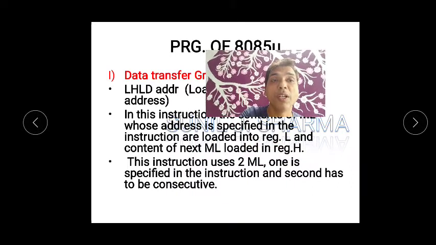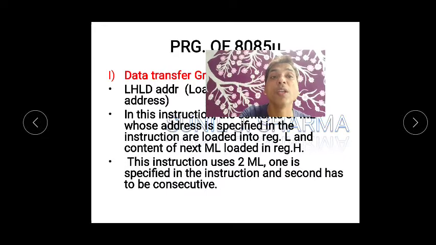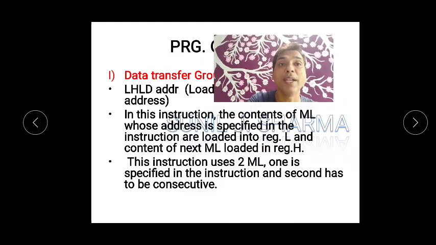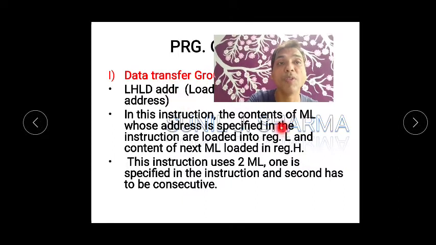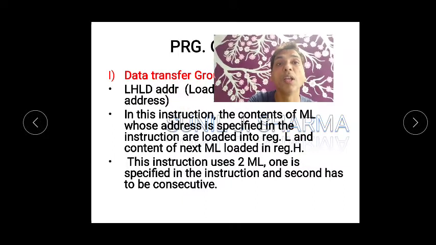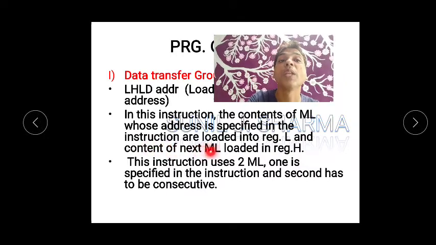Now here you will be a little bit confused, but don't worry. Whatever address is given in the instruction, its value should be given to the L register, the lower order. The next memory address, which is not specified in the instruction, you have to calculate, and the value at that address should be stored into the H register.